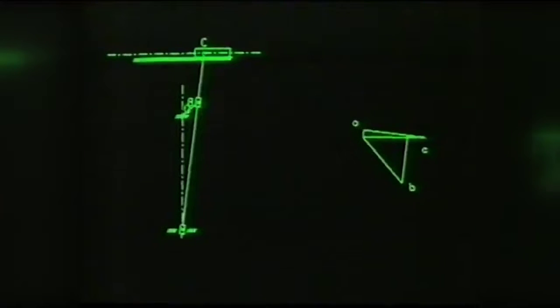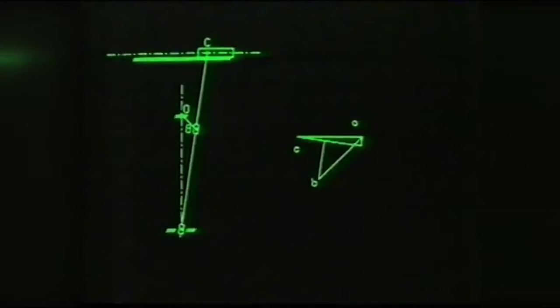This is the velocity diagram for the instant we've just considered. Of course, the velocity diagram changes as the mechanism changes position. You'll notice that when little c on the velocity diagram is to the left of O, the slider is moving backwards on its return stroke.